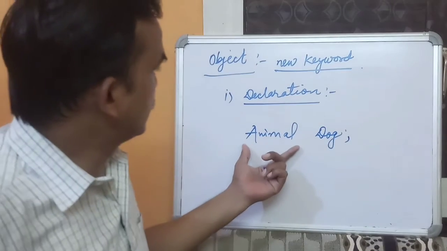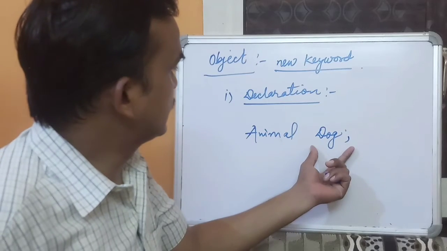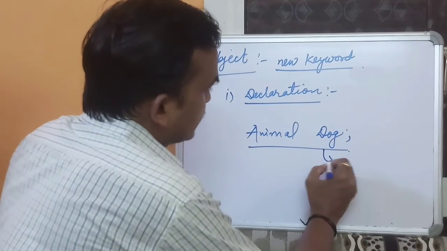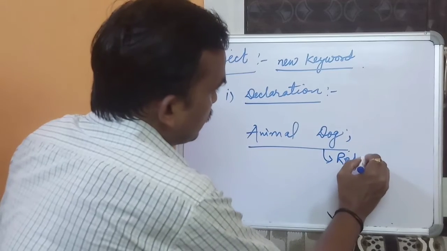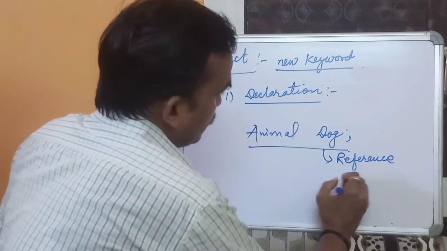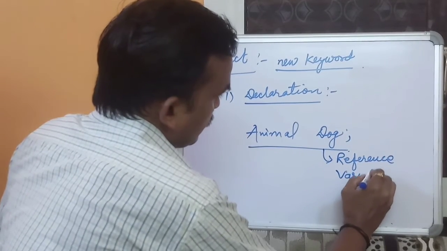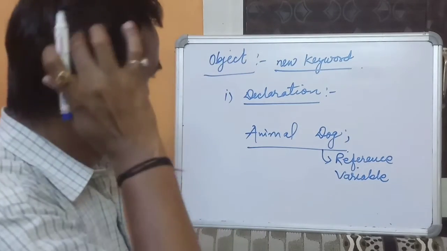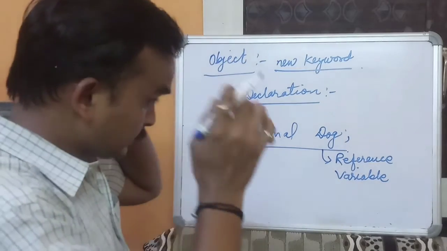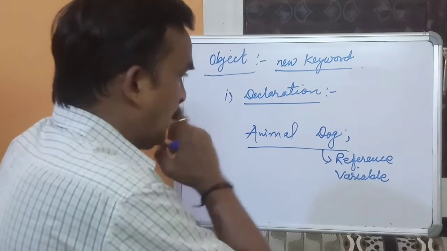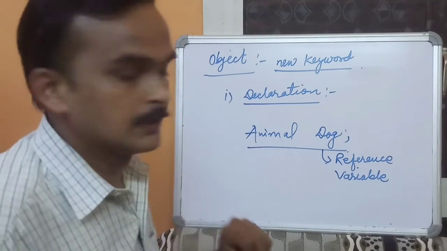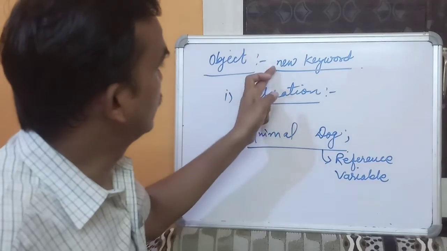This is a class and this is an object name. Here that object will be treated as a reference variable. Till now we did not create an object because we are not using the new keyword.